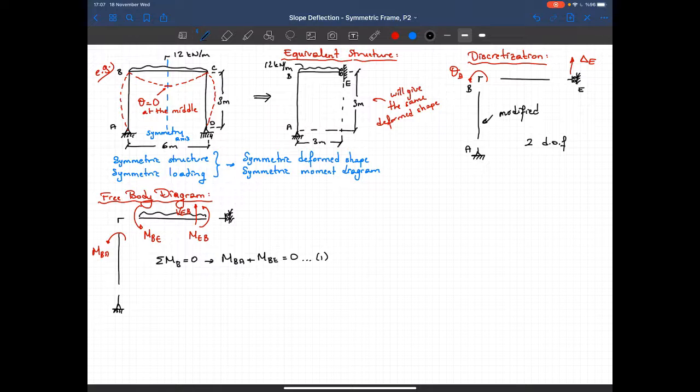And I have a translational degree of freedom at E. So I need a force equilibrium. So sum of forces in Y at E must be equal to 0. So this tells me that the shear force EB must be equal to 0. And that's my second equilibrium equation.